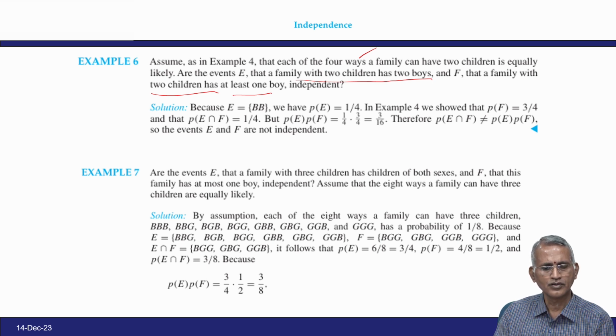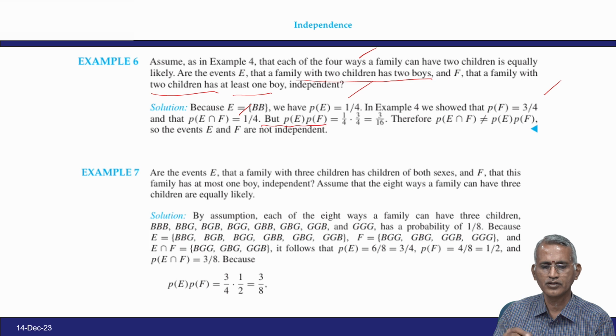Now, the solution to this problem: E is the event that both children are boys, BB. So, we have probability of E equal to 1 by 4. In example 4, we showed that probability of F equals 3 by 4, and that probability of E intersection F equals 1 by 4.